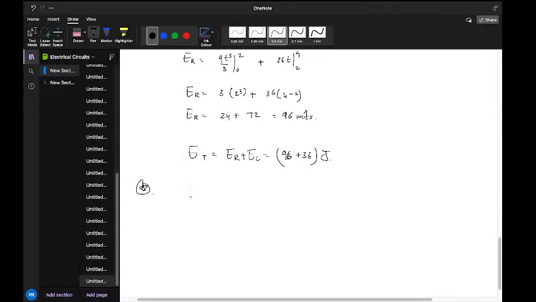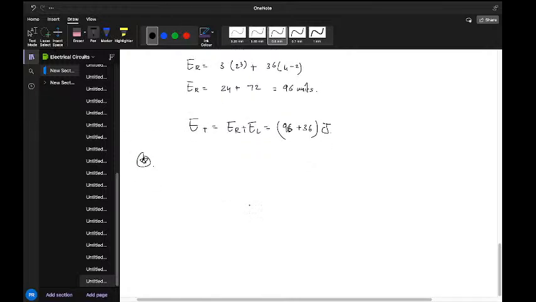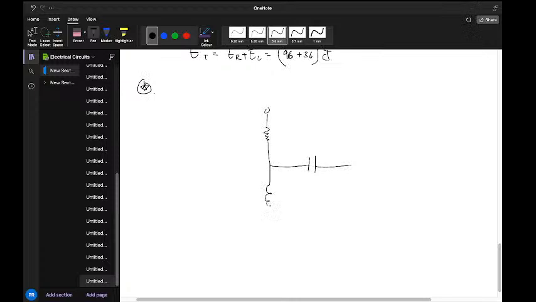Okay, so the next problem is this one. We have a resistor, a capacitor, an inductor, and a current source. Let's name these two points P and R. The resistor is 5 ohms.